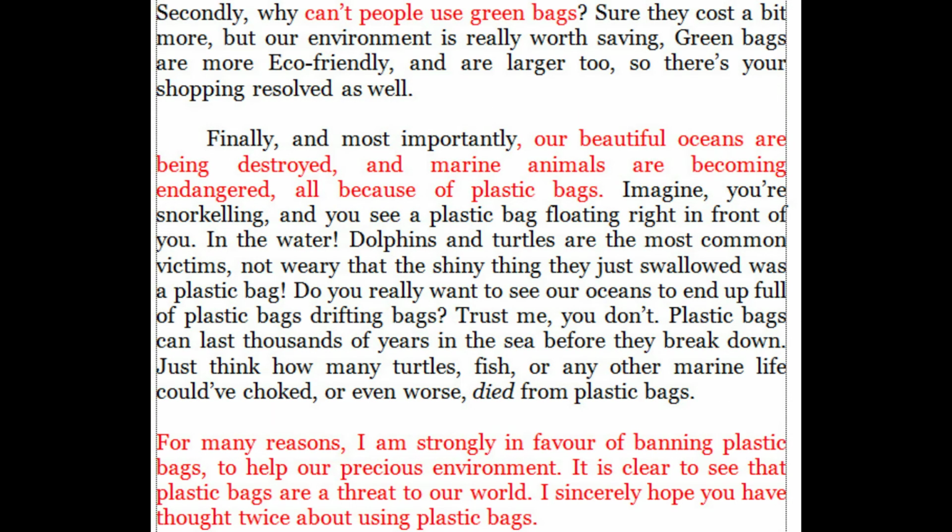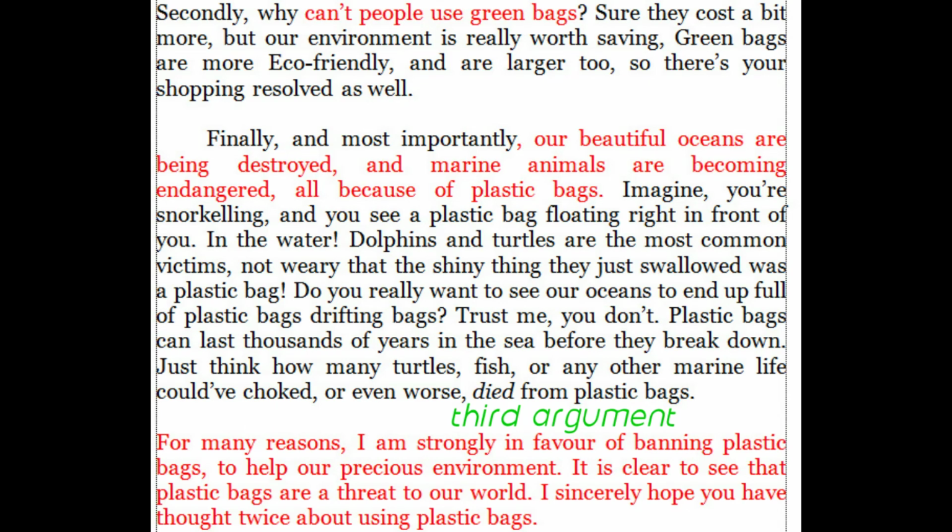Okay, now we go on to the next paragraph. The third paragraph is called the second argument. Let's see the red sentences. It is the main idea of this paragraph. Why can't people use green bags? It belongs to the argument of the writer that asks the readers to use green bags. Let's see the fourth paragraph. It is called the third argument.